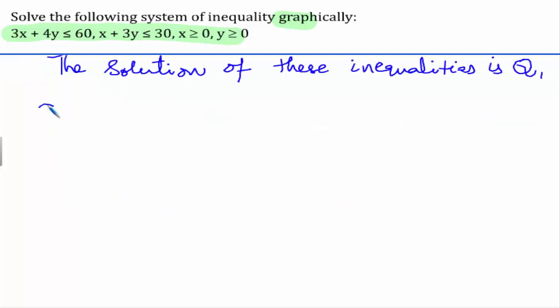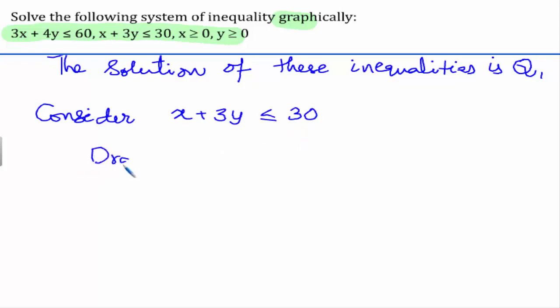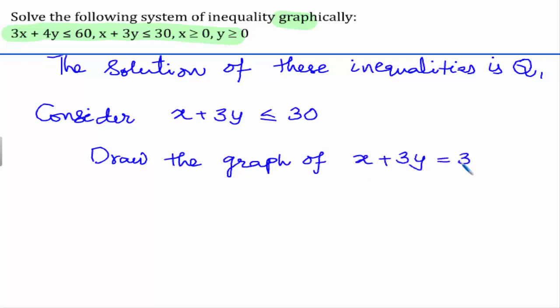Now let us consider the other inequality, which is x plus 3y less than or equal to 30. To find out the solution of this inequality, we have to draw the graph of x plus 3y is equal to 30. So that means 3y is equal to 30 minus x.